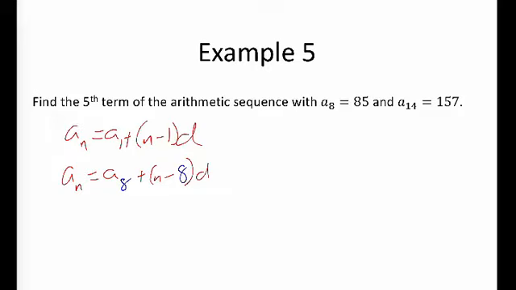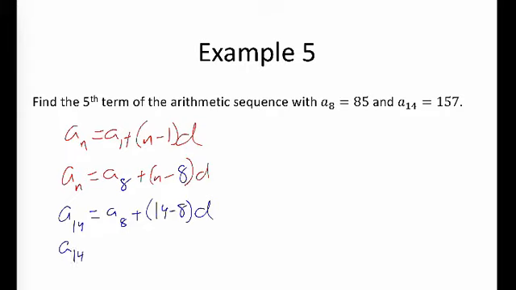The last term that we do have is the 14th term. So let's change this to a sub 14 equals a sub 8 plus 14, we just replaced the n with 14, minus 8 times the thing we don't know, our common difference d. Cleaning this up a little bit, hopefully this will become more clear, especially why we changed that 1 to an 8.